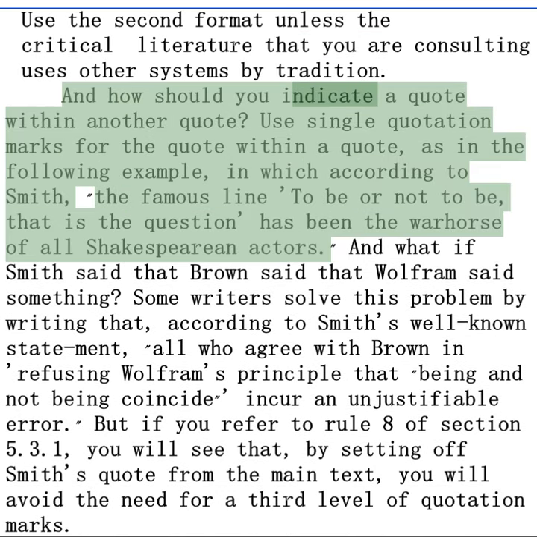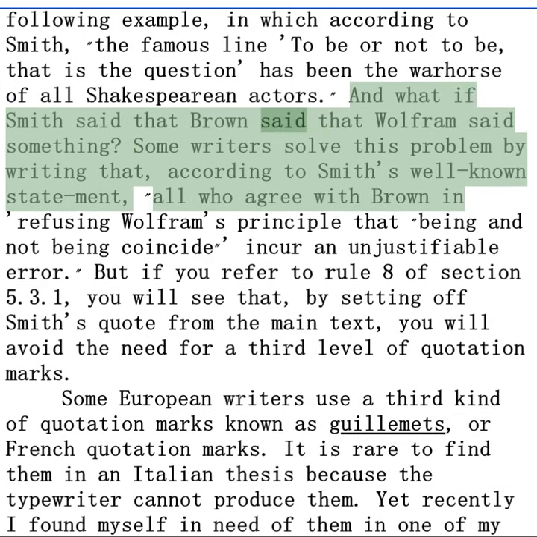And how should you indicate a quote within another quote? Use single quotation marks for the quote within a quote, as in the following example, in which according to Smith, the famous line 'to be or not to be, that is the question' has been the warhorse of all Shakespearean actors. And what if Smith said that Brown said that Wolfram said something?